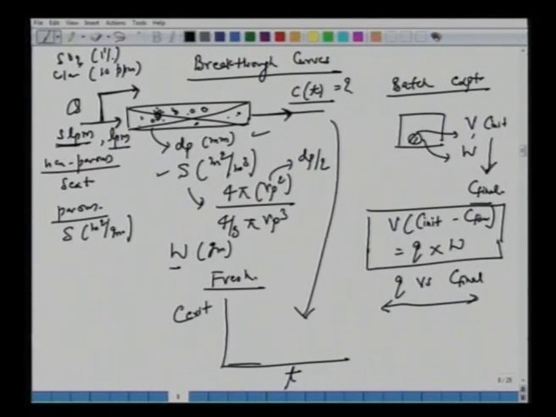Only after a long time, when the bed starts getting saturated, will the concentration level at the exit start increasing, and after a long time it will reach C exit the same as C inlet. Now we can say that the entire bed is saturated. So the response will be like this.